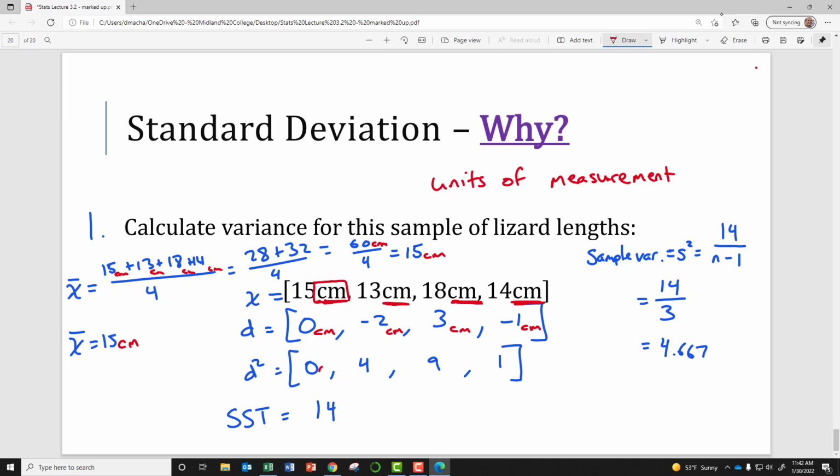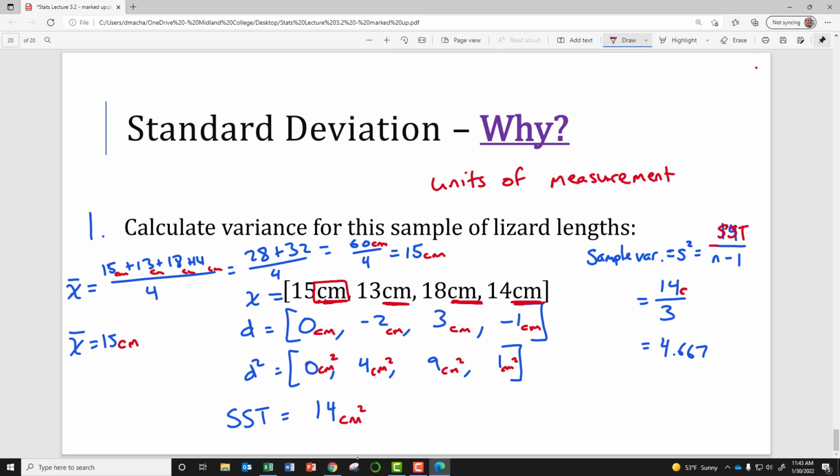When we squared those deviations, whenever you square a length, you get an area, and so squaring a length in centimeters gives you an area in centimeters squared. When we summed up those areas, I got a sum of squared deviations, which was in centimeters squared. And then we went to calculate our sample variance, which was just the SST divided by n minus 1.